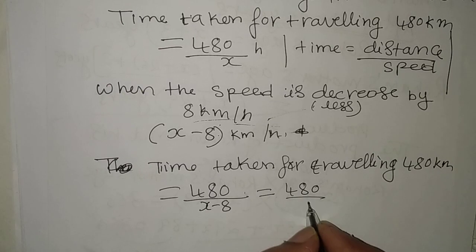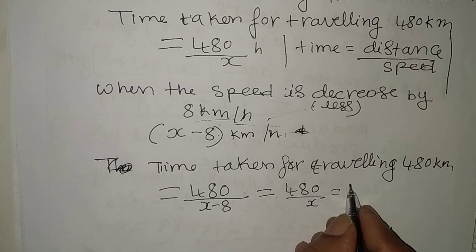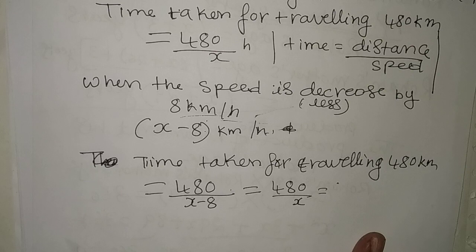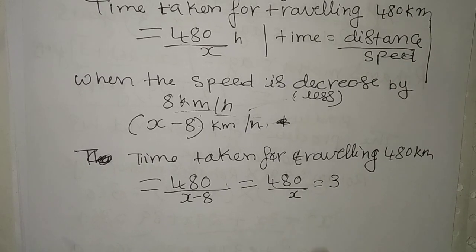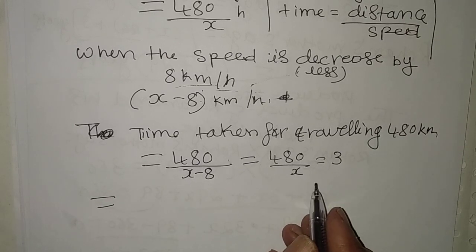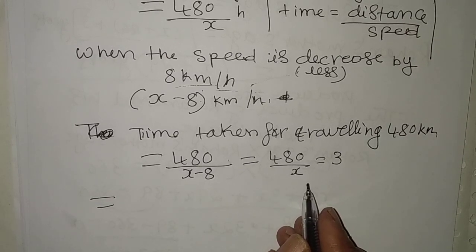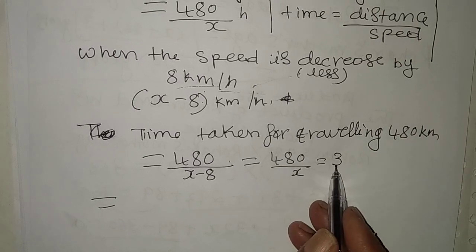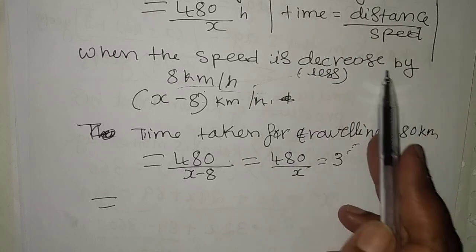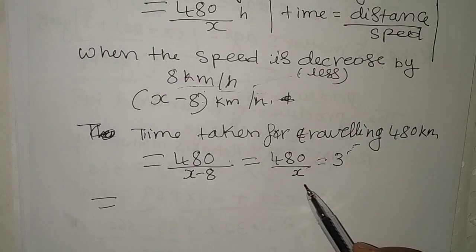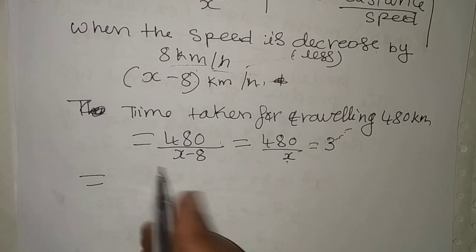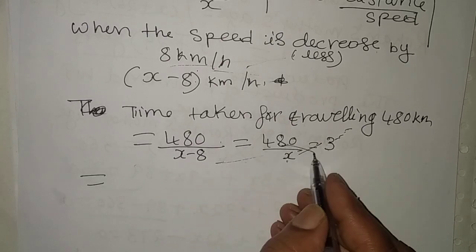The difference, 480 by x minus 8 minus 480 by x, is equal to 3. Now substitute this: 3 hours is the time we have substituted here. Time is equal to distance by speed. Distance is 480, speed is x, and 3 hours is the time. Now cross multiply.